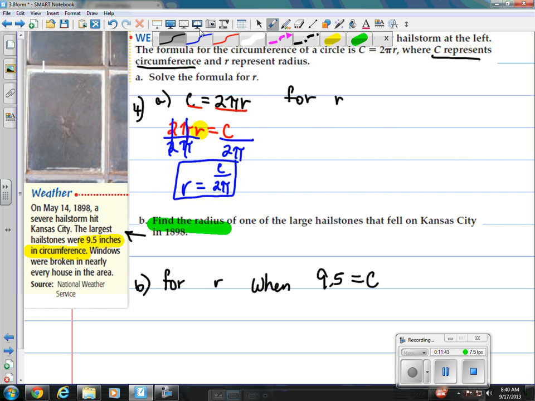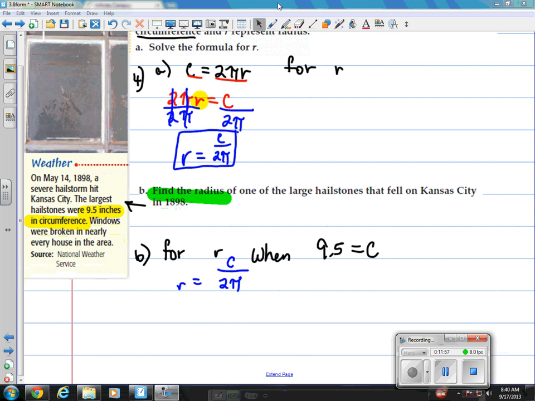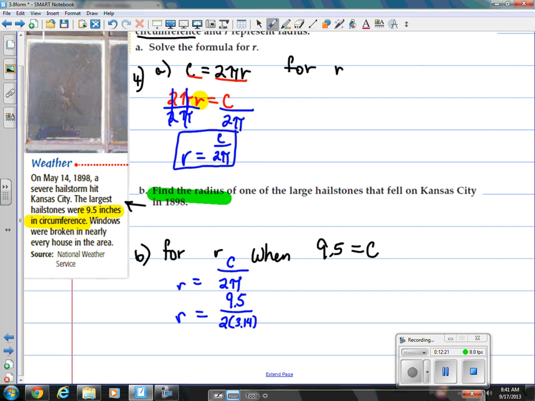Now we're going to go back to our part A, right here in blue where we have our answer. r equals c over 2 pi. Okay, and now we know from our reading that we're solving for r, so r is already by himself. And we know that c is 9.5 inches all over 2. Now, what we can do is say that pi is 3.14, or if you can find the pi button on your calculator, you can also use it.